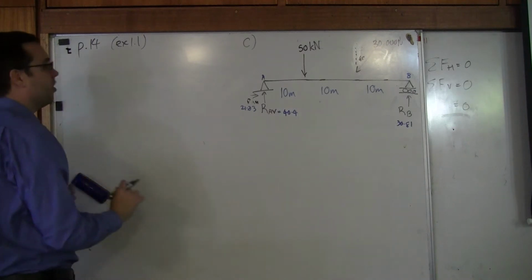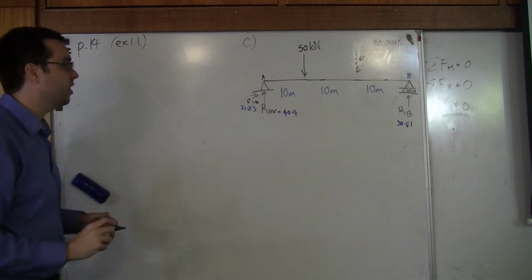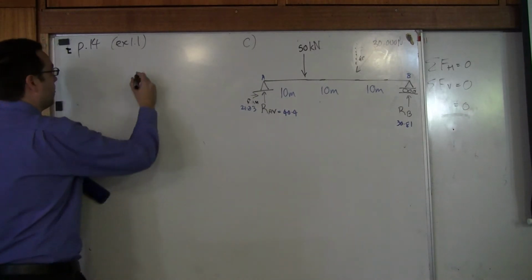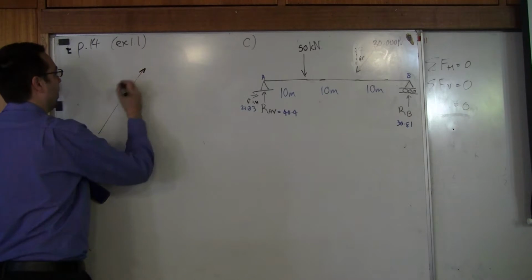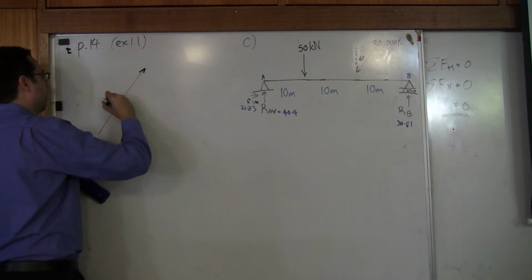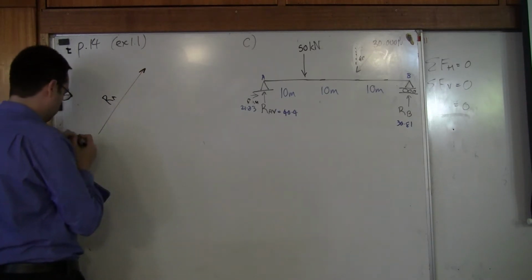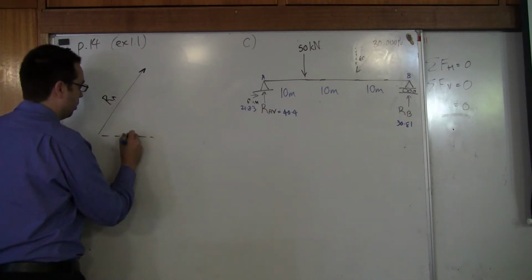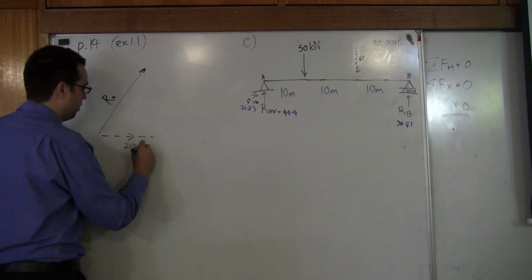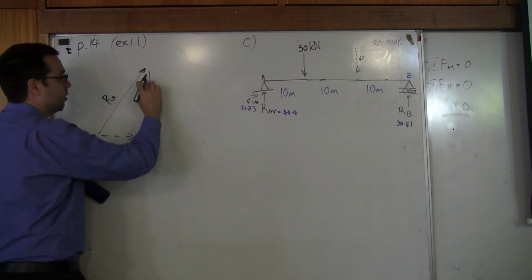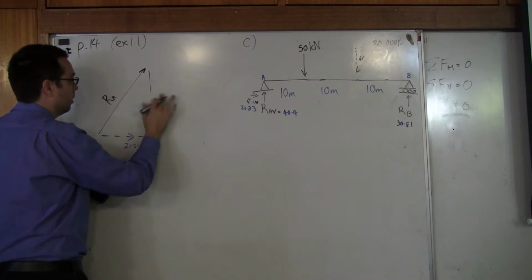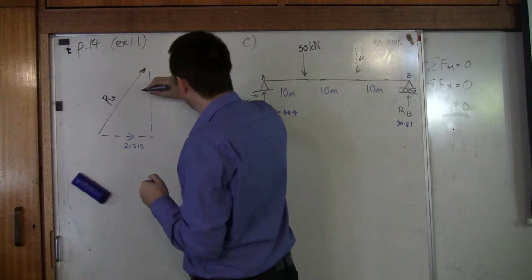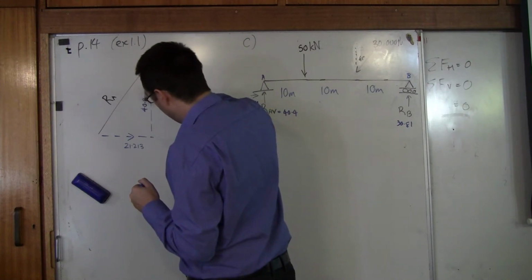What we're going to do is find out the value of RA. We're going to say RA is the sum of those two vectors, 21.212 and 40.4.